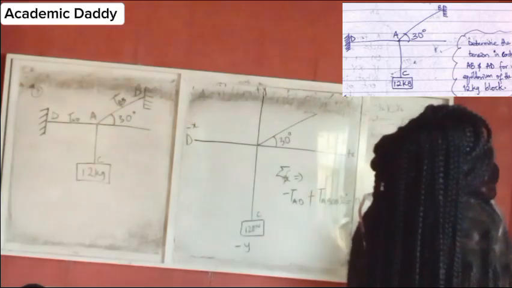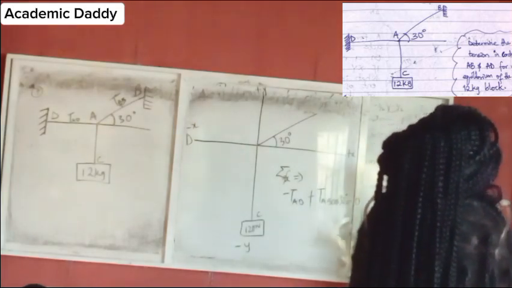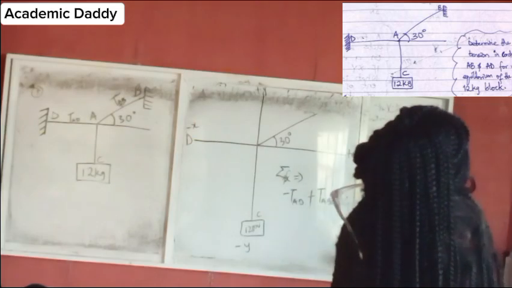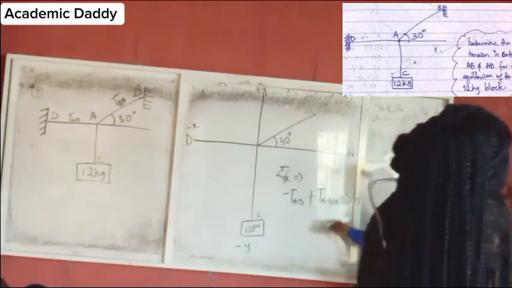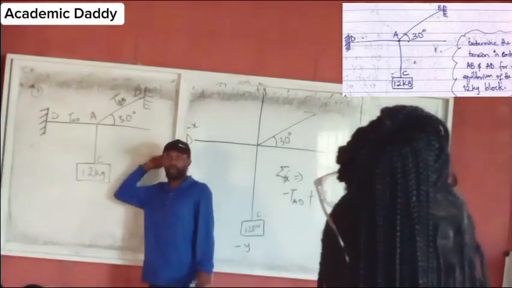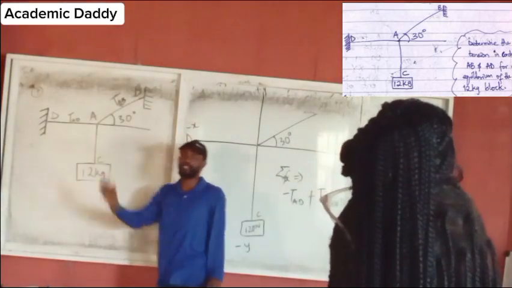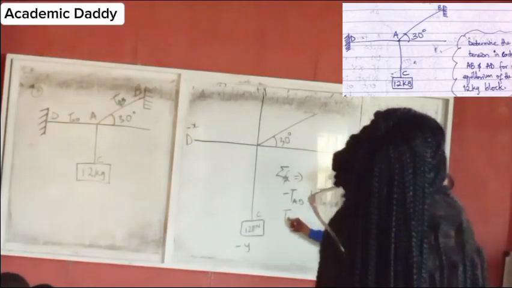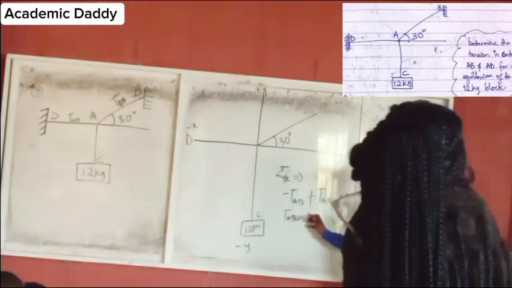Do you know what this thing means? Why I did it this way is because naturally we are not seeing it clearly. But if you check it very well, you will see that this is the same as saying this side is clockwise, this side is anti-clockwise. Clockwise forces is equal to anti-clockwise forces. Let's say this is clockwise, TAB cos 30 degrees.